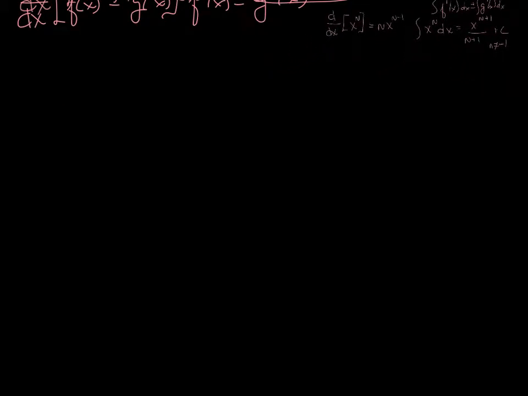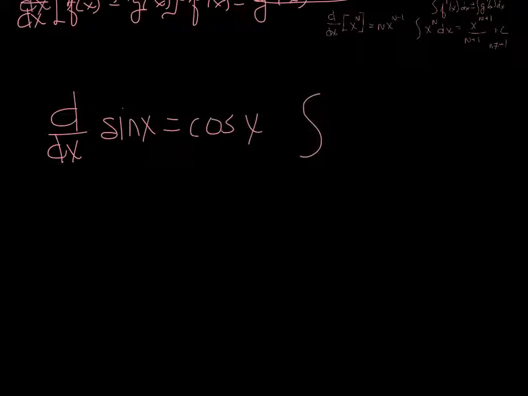All right. The derivative of the sine is what? So, the antiderivative of the cosine x dx is sine x, plus c.